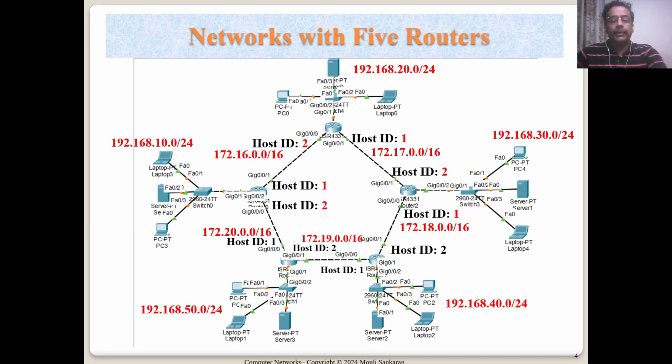Now this is the circuit we are going to study in detail. If you look at the IP addresses starting from this network, 192.168.10.0, we always mention the host ID portion as 0 when we are referring to a network.